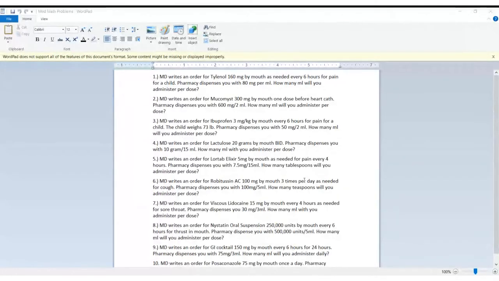So my total dosage for Tylenol is 160 milligrams times 4, within a 24-hour period, my child will have gotten 640 milligrams of Tylenol. Each dose, 160. Any questions before we flip to a different kind of question?